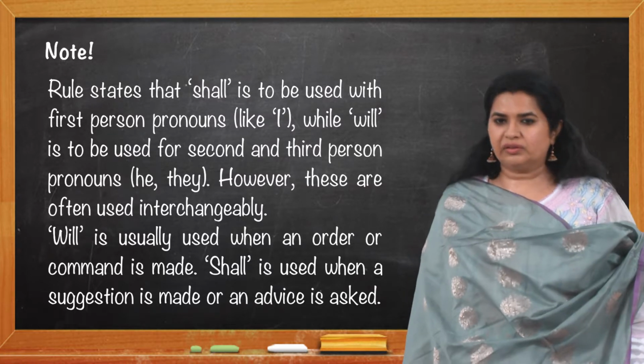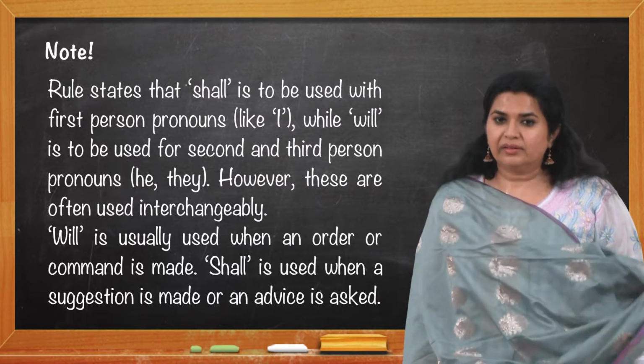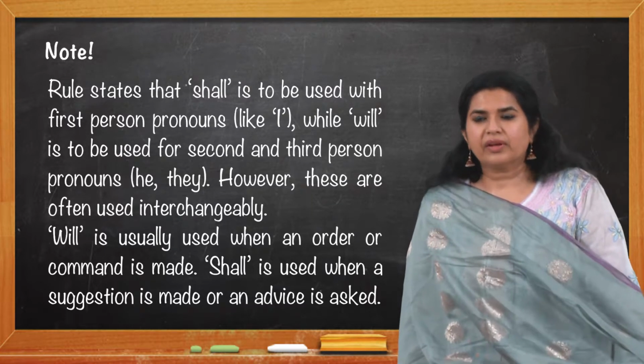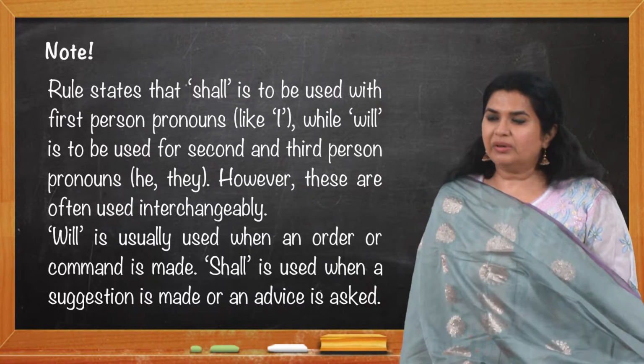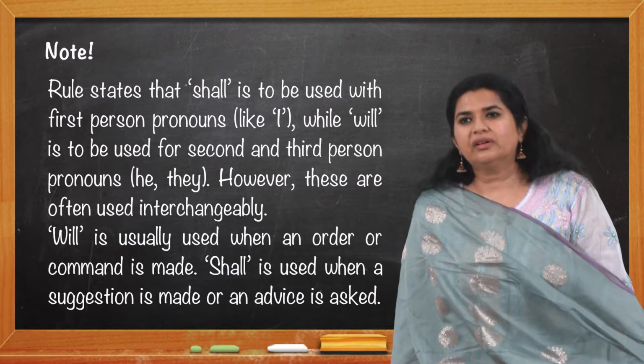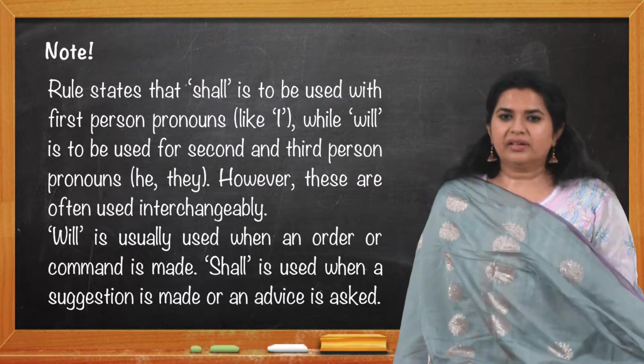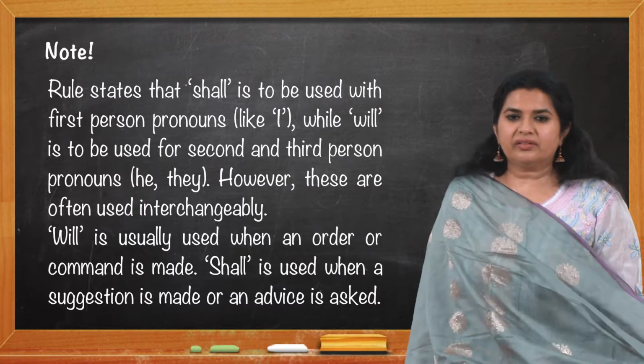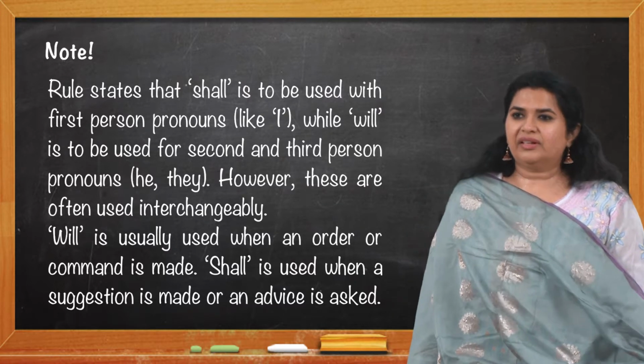I shall not do it again. Okay. So, generally speaking, we agree that shall is used with I, but it is also used when a suggestion is made or when an advice is asked.